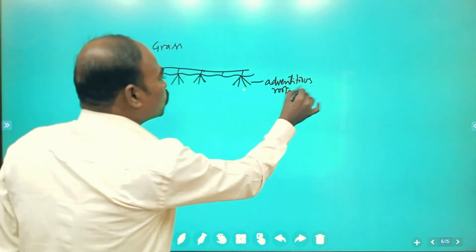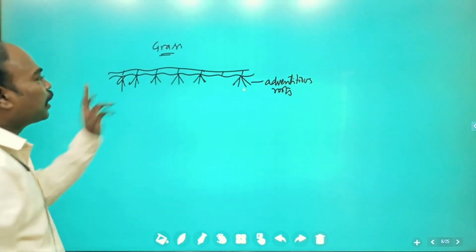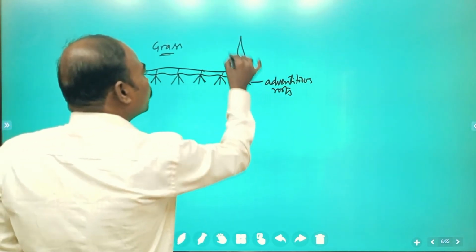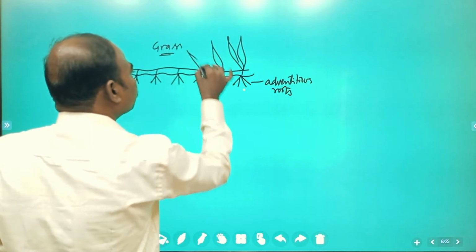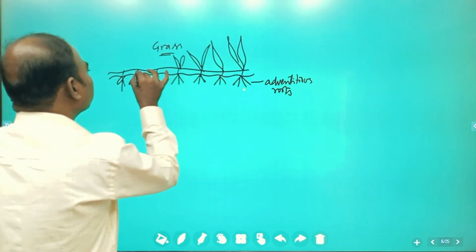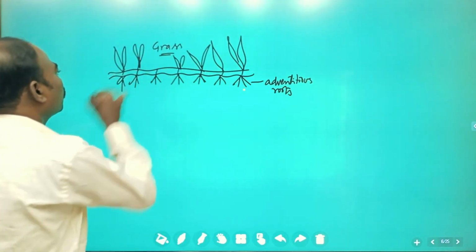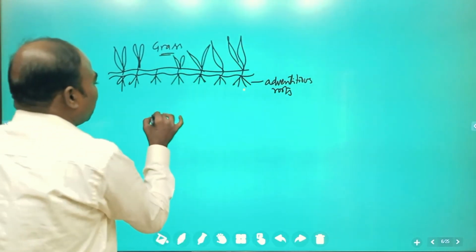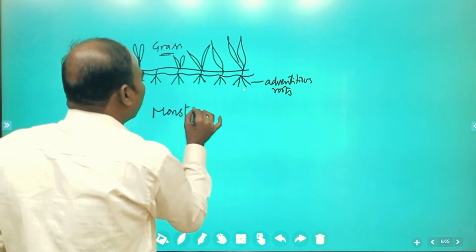So adventitious roots are developed in grass plants at every node, and also towards aerial leaves are developed. So every node produces adventitious roots, in grasses and also in monstera.